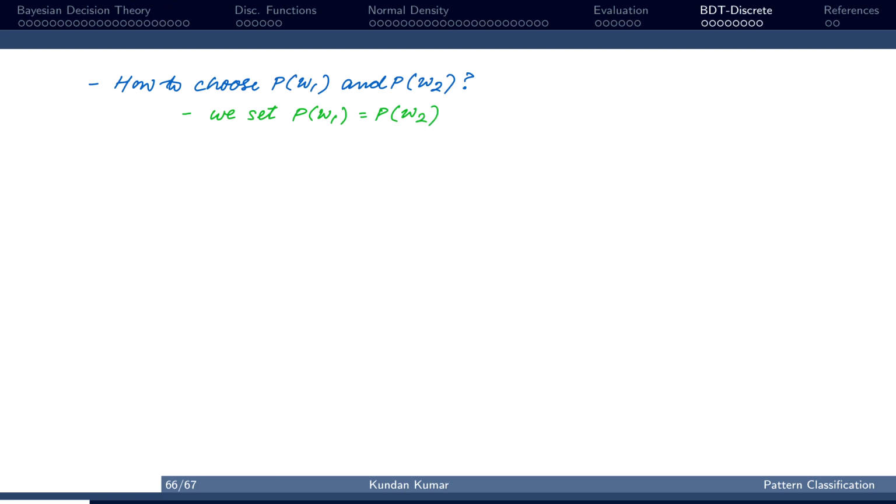That means the prior probability of class omega 1 is equal to the prior probability of class omega 2 if the fish are equiprobable.